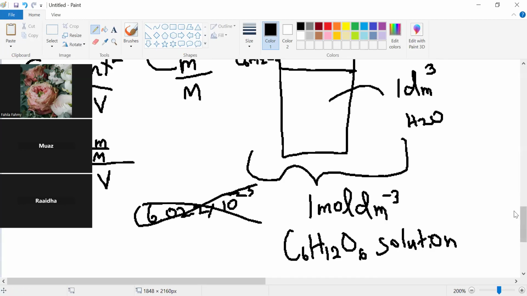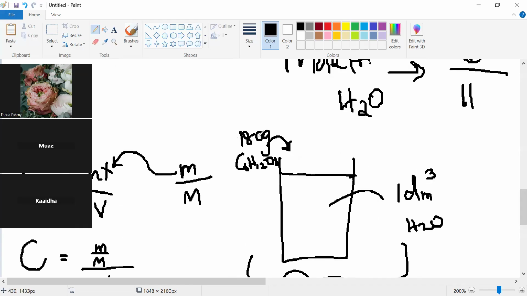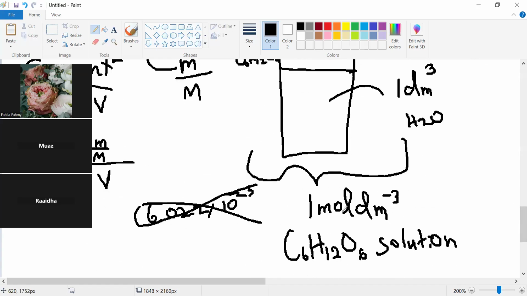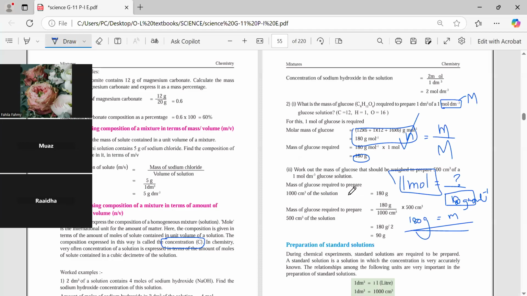That's why we measure it. 180 grams of glucose is, in other words, 1 mole, or in other words, 6.022 into 10 to the power 23 molecules. So this is what we call concentration. Moles per cubic decimeter.